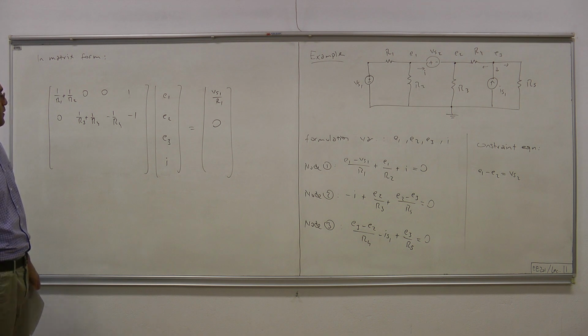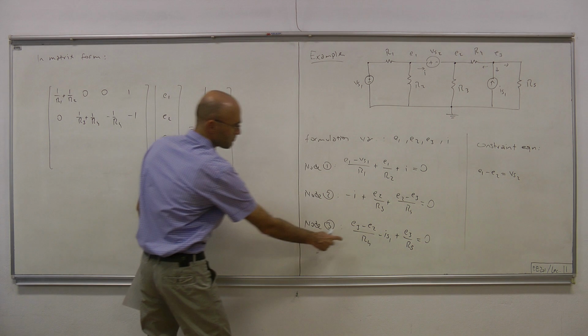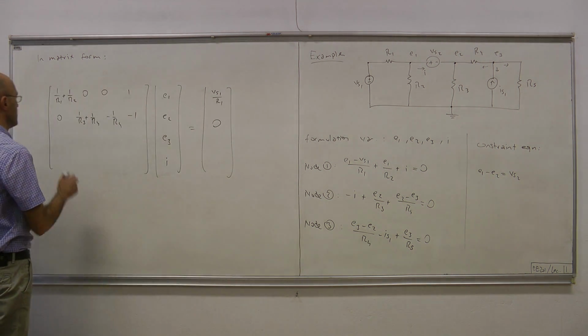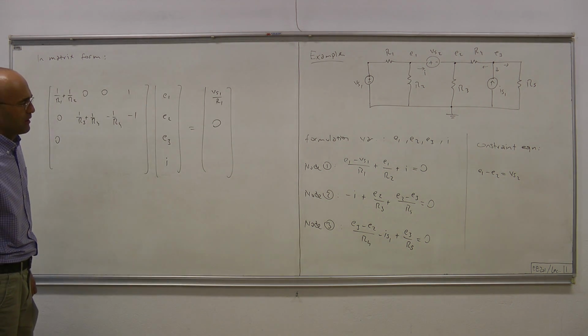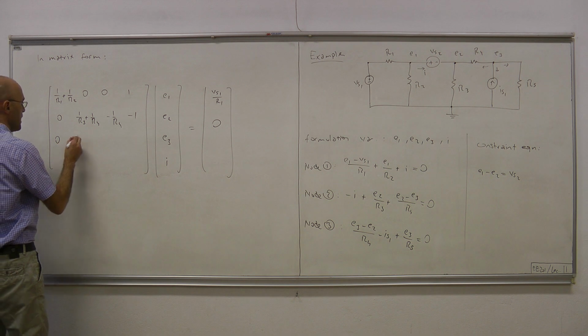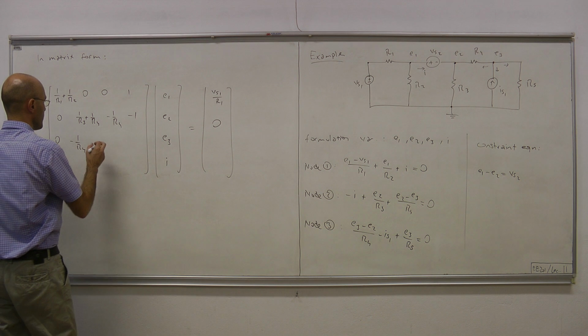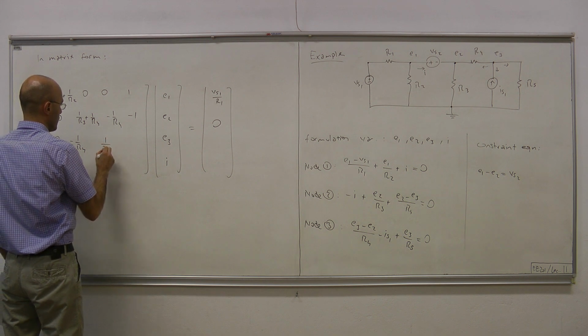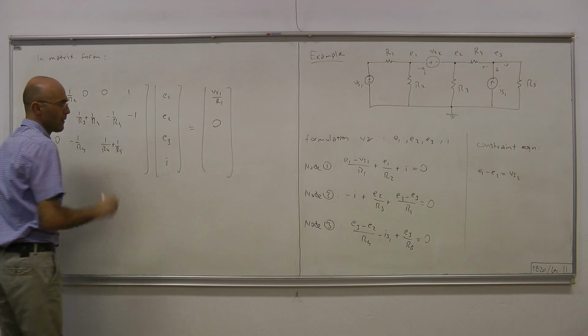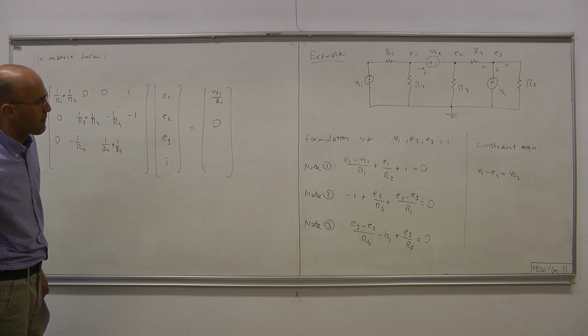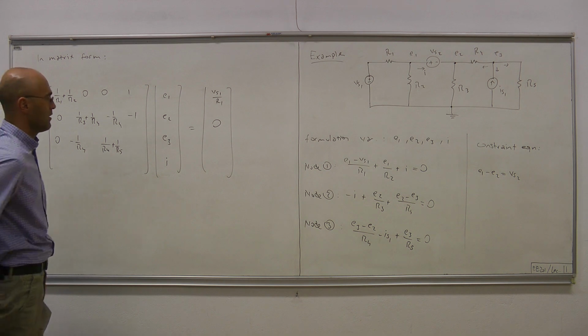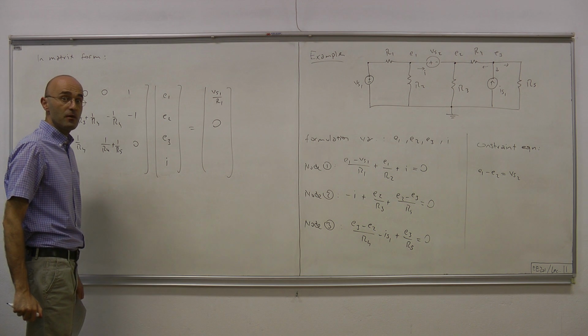For the third row, we look at the third equation. For E1 we have nothing. For E2 we have minus 1 over R4. For E3 we have 1 over R4 plus 1 over R5. And for I, we have nothing because it doesn't appear in that equation.